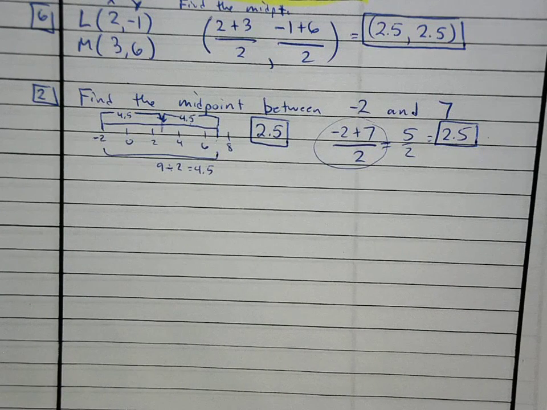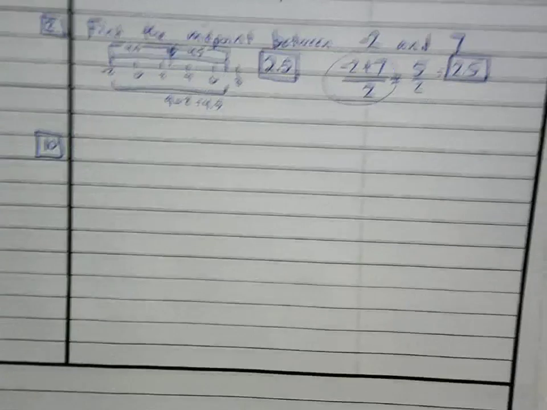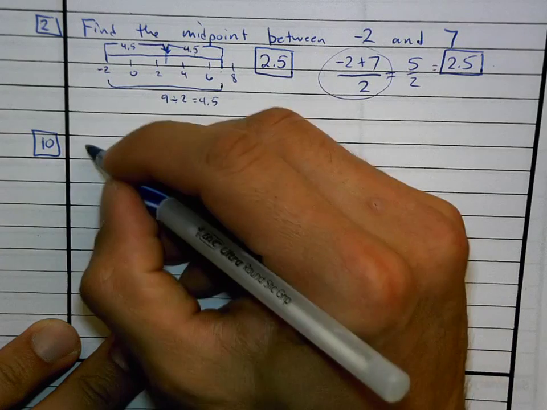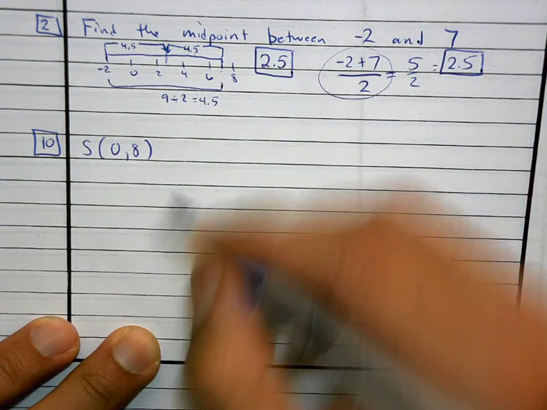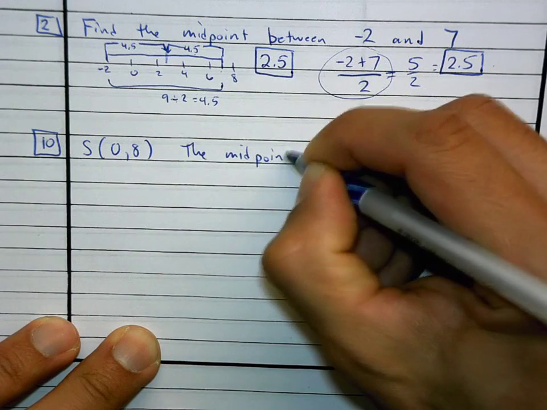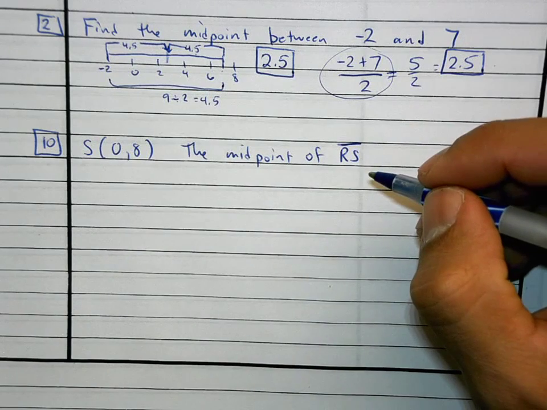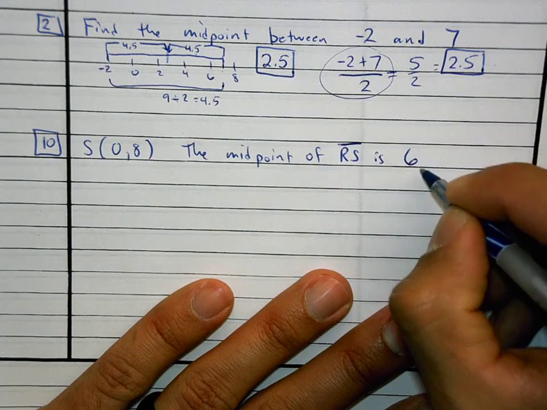Let's see. I'm contemplating. Oh, no. I got to do number 10. Here's number 10. The coordinates of point S are given. S is 0, 8. The midpoint of RS is 6, -10.